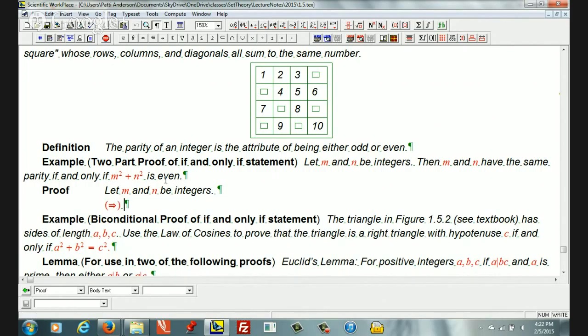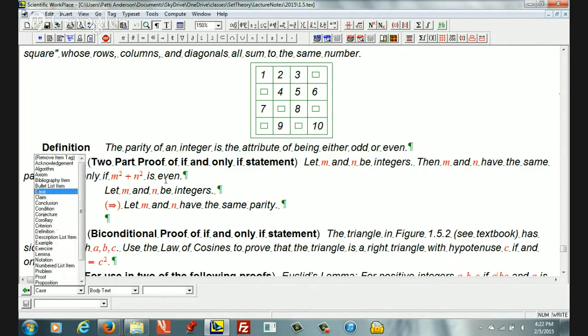And right after that, our assumption would be that m and n have the same parity. Well, what does it mean to have the same parity? They're both even or both odd. So now that means we have to do cases.